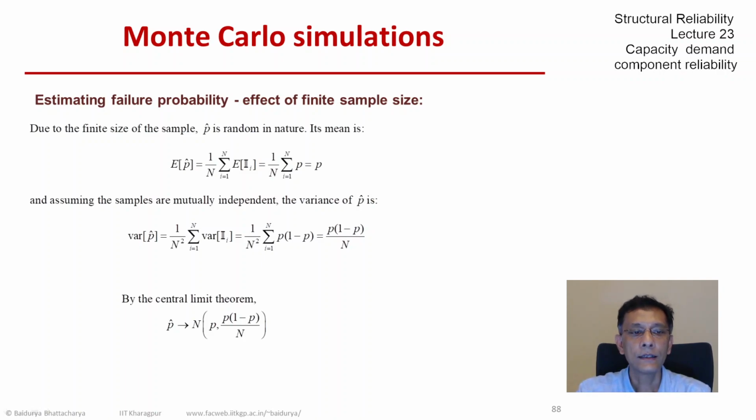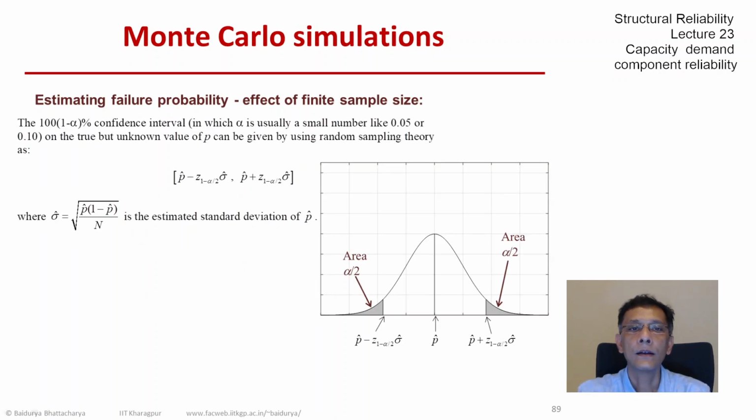And for that, we can simply refer back to the standard normal distribution and say we want to have the 1 minus alpha percent confidence interval on p. So if we have an estimate p hat, then we can find out, say, the 90% or 95% confidence interval, simply by looking at the standard normal deviates.